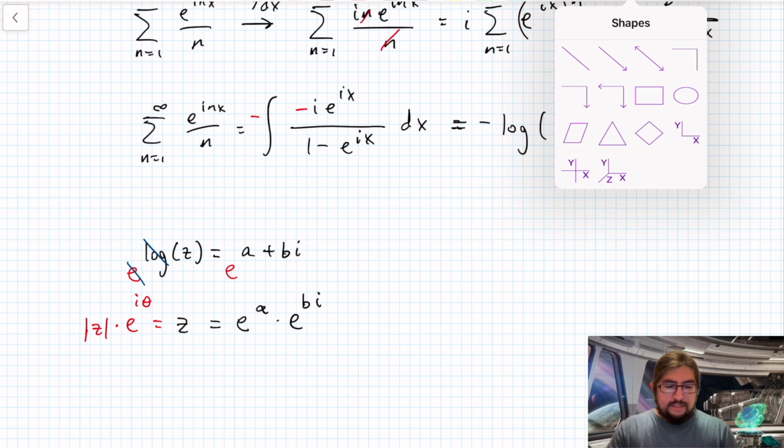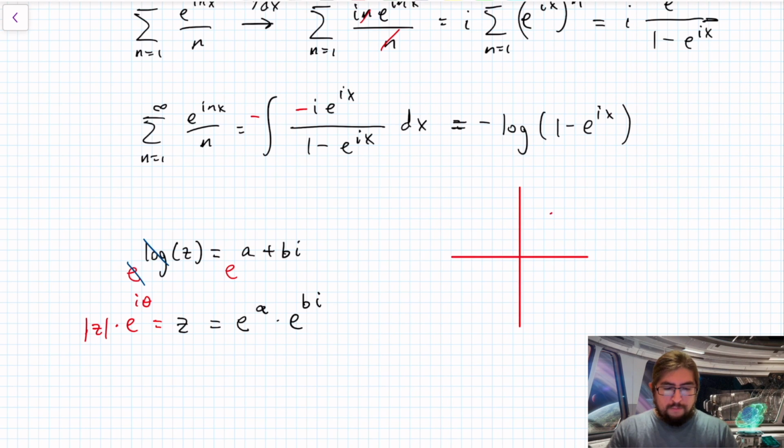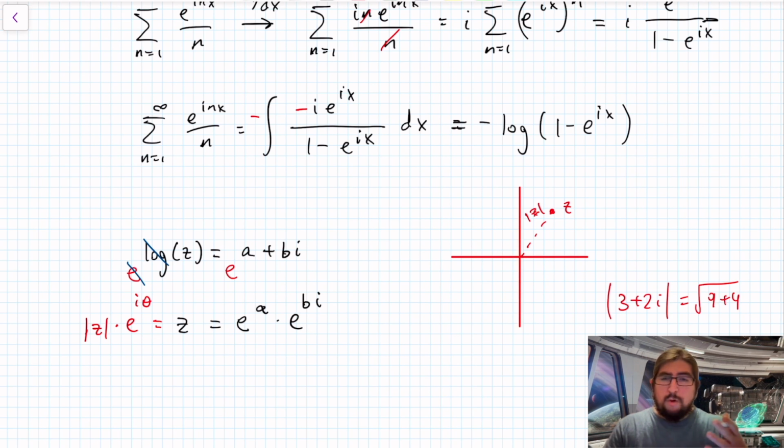So the way of viewing this is if you had the complex plane, you had a point here, and that's z. Its magnitude is the magnitude of z, which is just the square root of the sum of the squares of its components. So for example, 3 plus 2i has a magnitude of the square root of 9 plus 4, which is the square root of 13. I'm just squaring the components. That's all that is. And the angle, of course, is this angle here. That's called the argument. Okay, that'll come up in a bit.